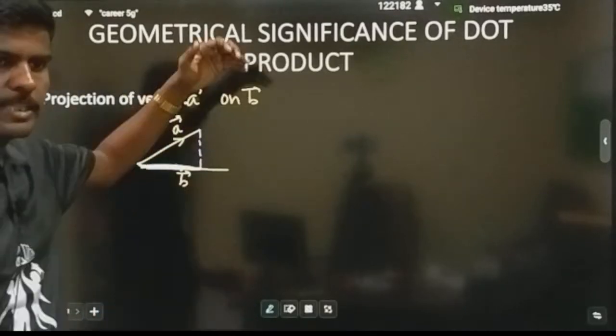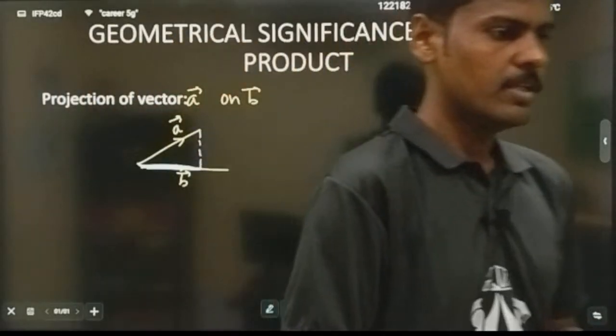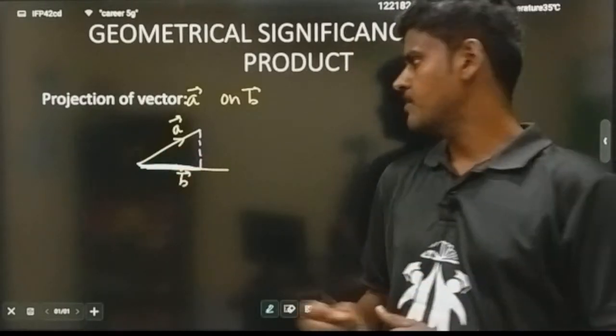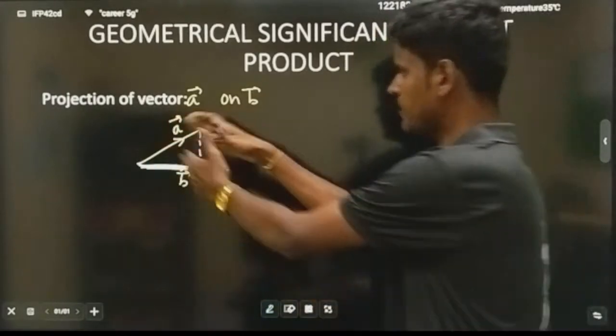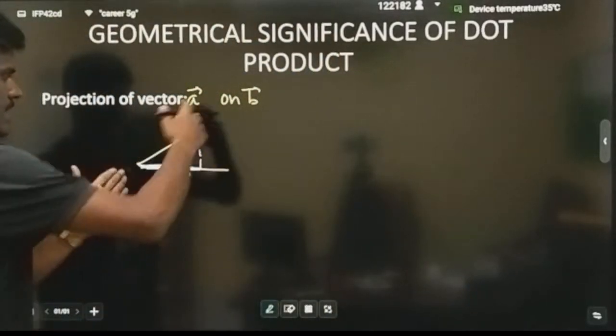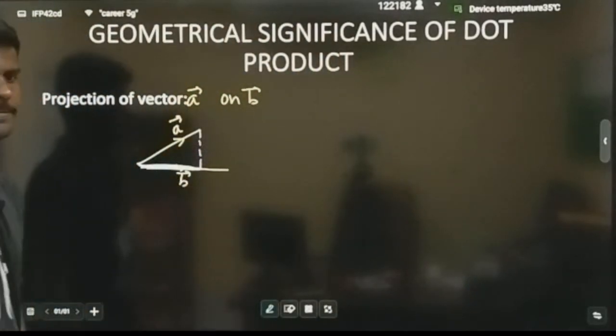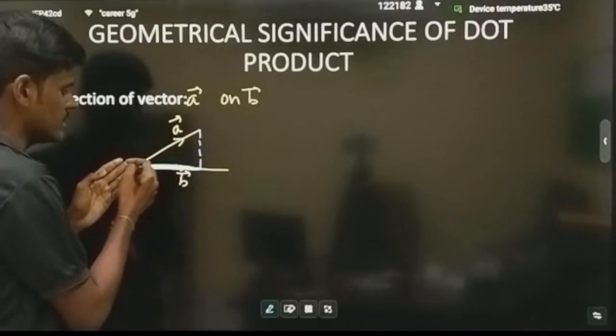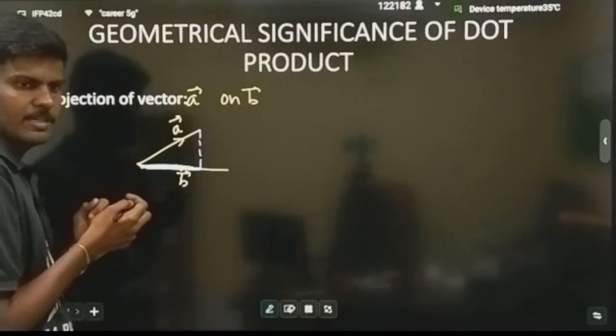Or you can also call this projection the shadow. Is that clear? We are projecting this A vector onto the B vector, right? So this projection is given by this magnitude, which is the shaded blue region.